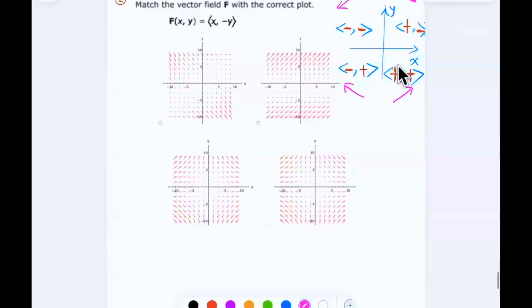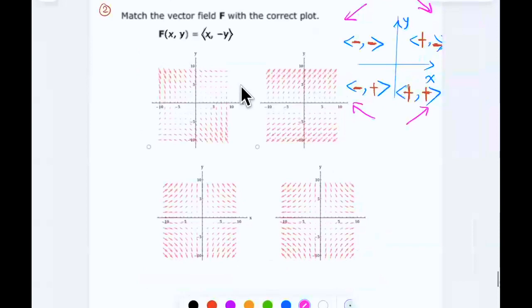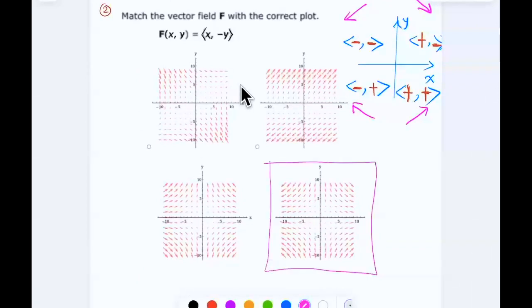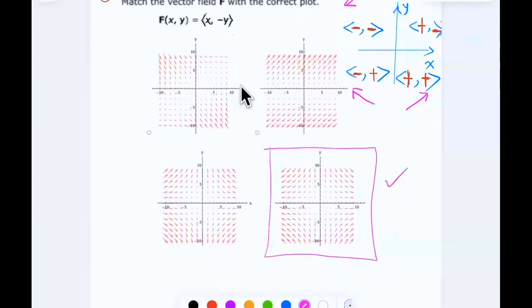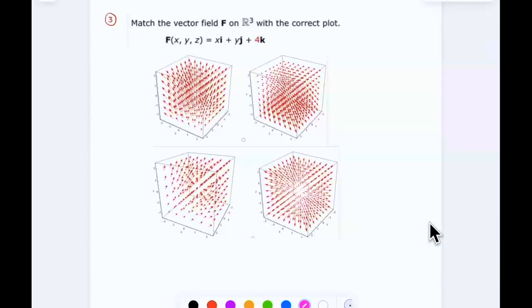The only one that matches is this one, because you see it goes this way here, this way here, and this way here. Okay, good job. Let's try another one. Could you match the vector field with the correct plot?